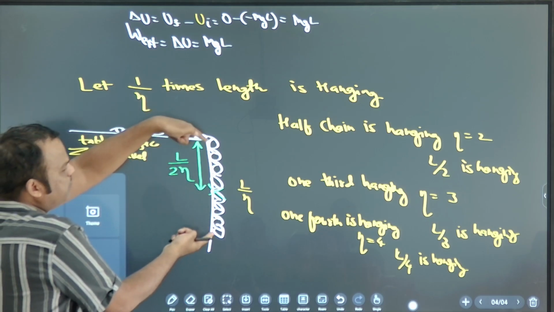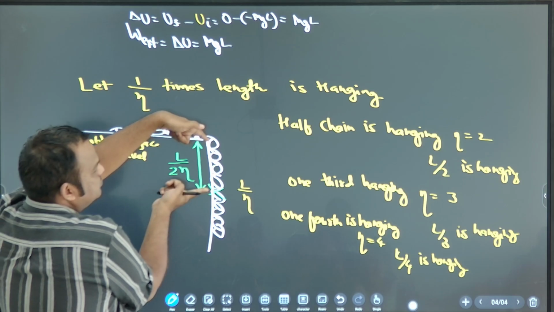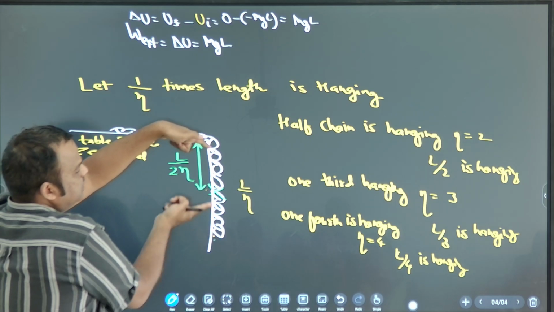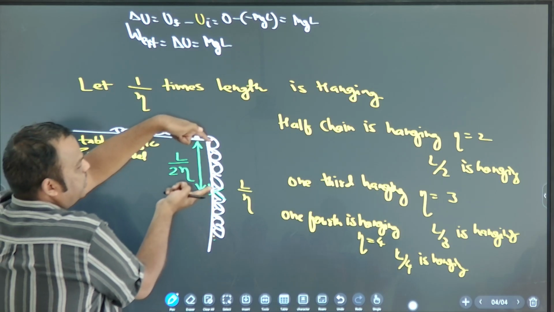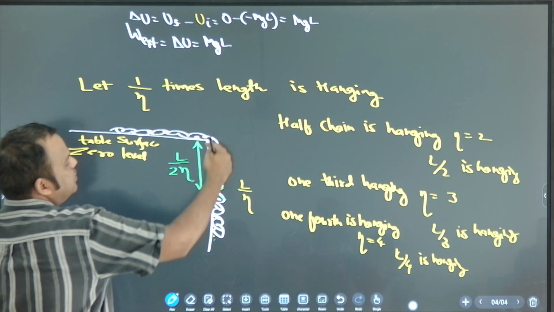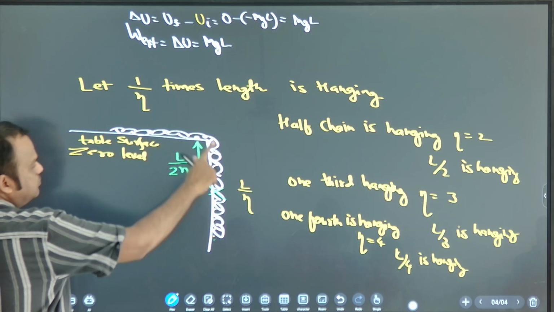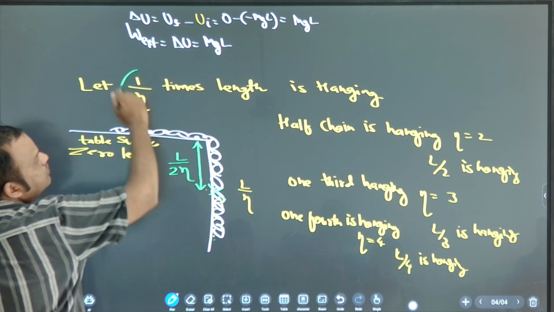If this is L by 2, then this is L by 4. If this is L by 3, then this is L by 6. If this is 1 meter, then this is 0.5 meter, correct? Total length is L, but how much is hanging?